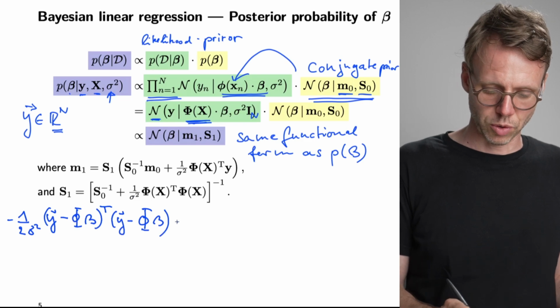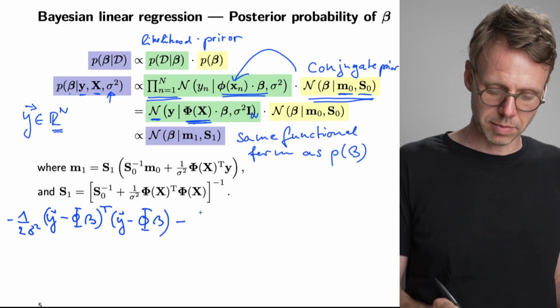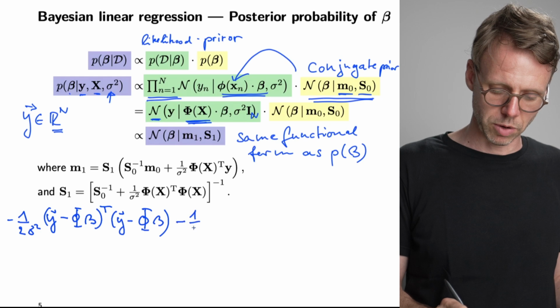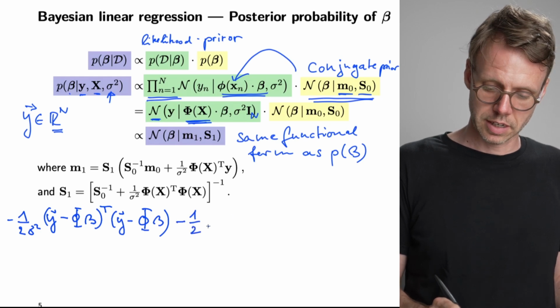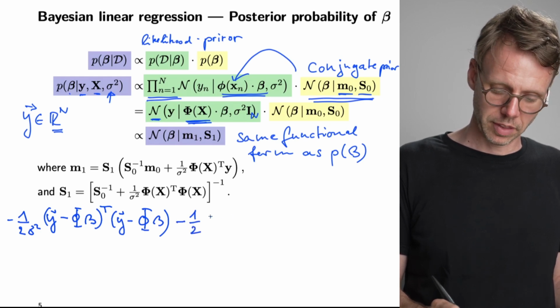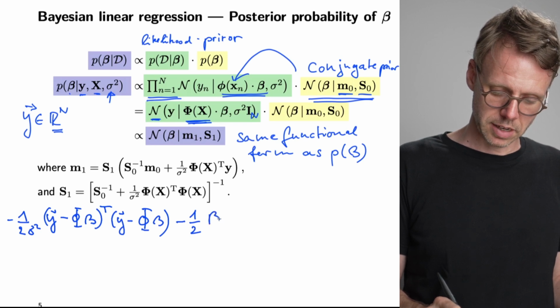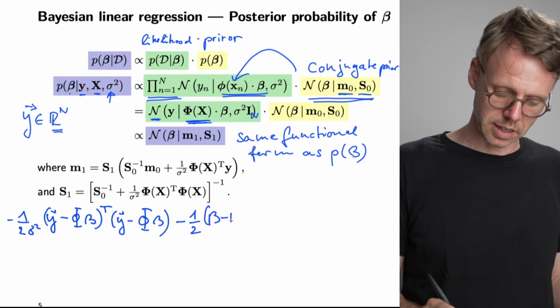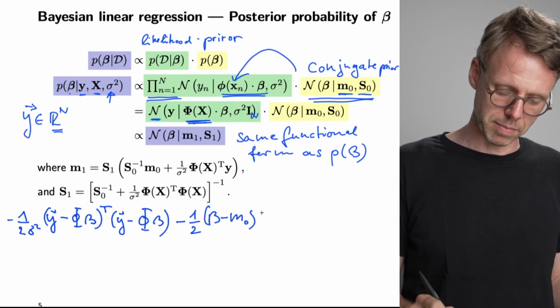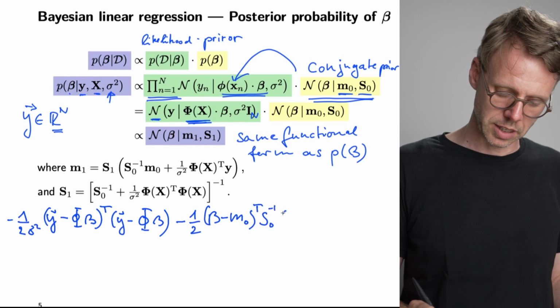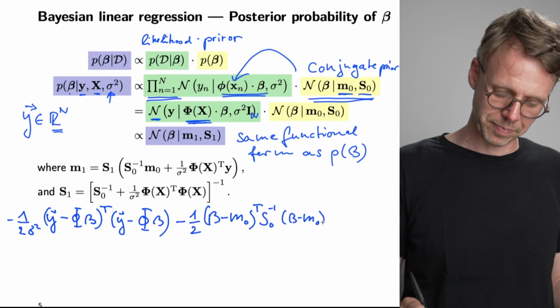And for the prior we get minus 1/2 times (beta minus m0), the prior mean, transpose S0 inverse (beta minus m0).